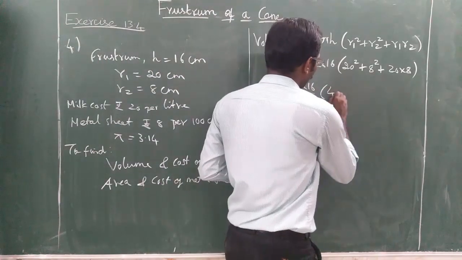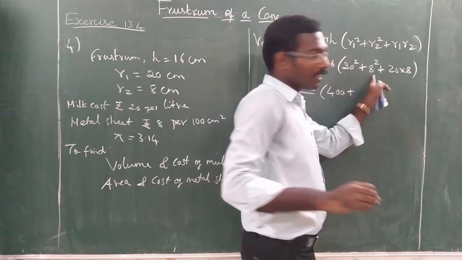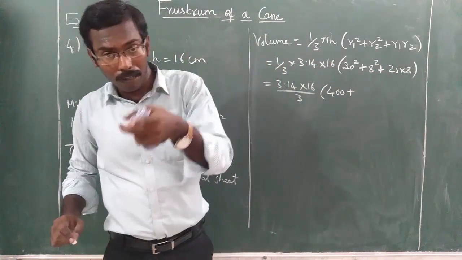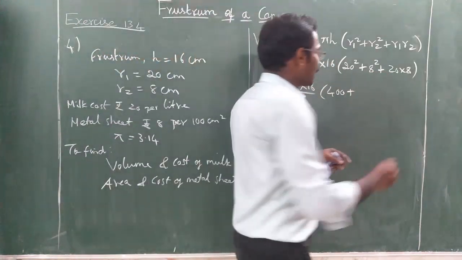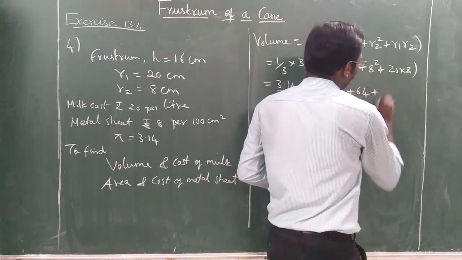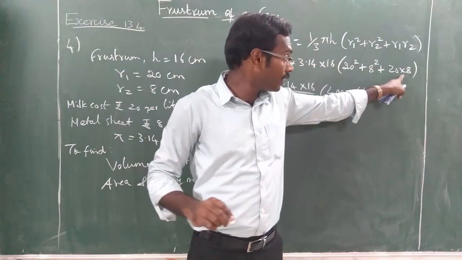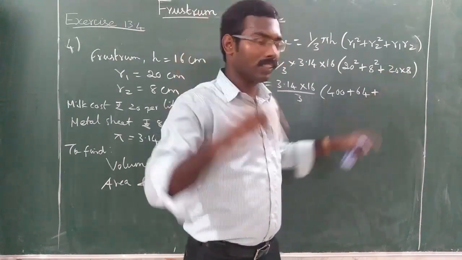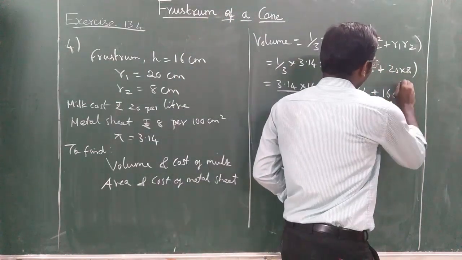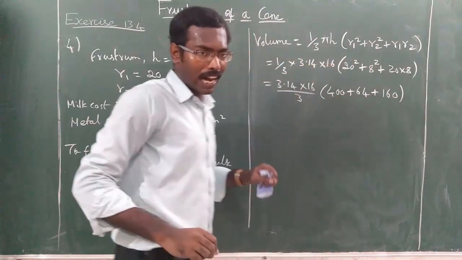Yeah. 400 plus 8 square. 8 into 8 is 64. Plus 20 into 8. 8 twos are 160. Okay, 160. So we have to add this.